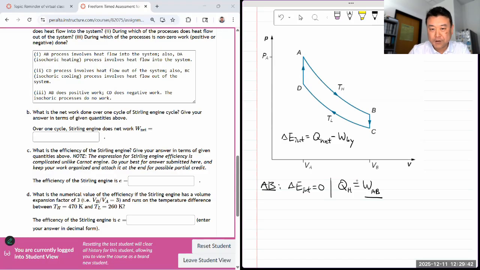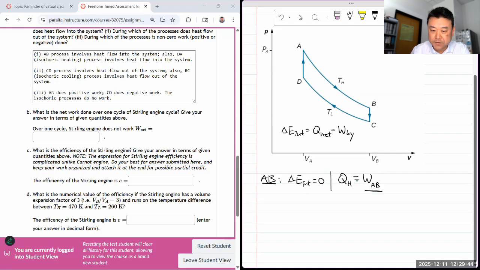So the work being done by the gas, you start out with the infinitesimal amount of work being done, which will be the pressure times the infinitesimal change of volume. Here pressure is a function of the volume through the ideal gas law.